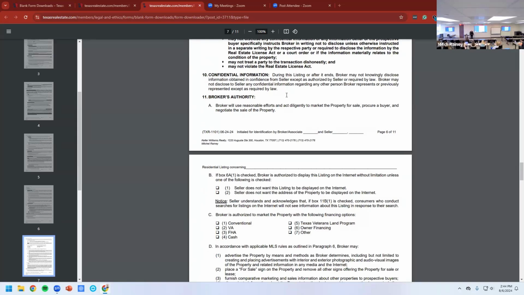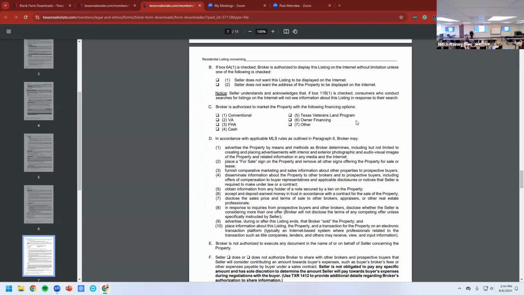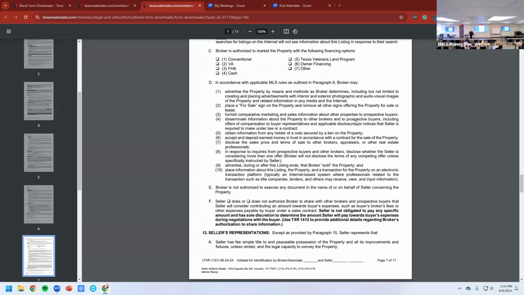We know confidential information, broker authority. Where it's changed is paragraph 11F: Seller does or does not authorize broker to share with other brokers and prospective buyers that seller will consider contributing an amount towards buyer's expenses, such as buyer's broker's fees and other expenses.